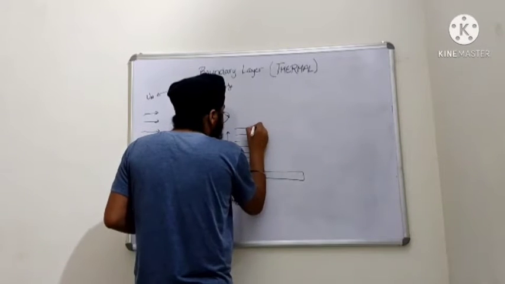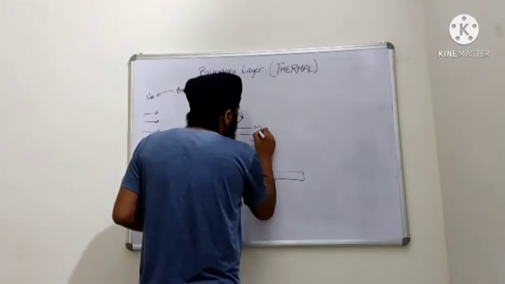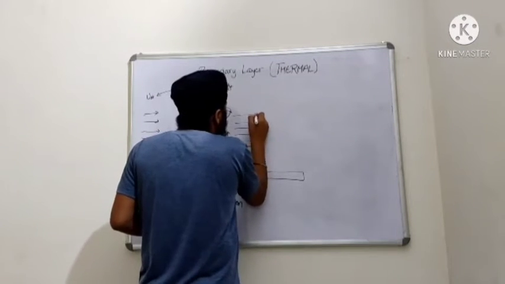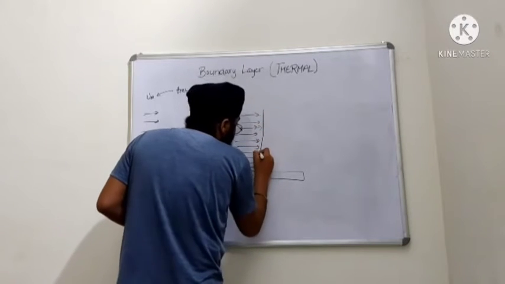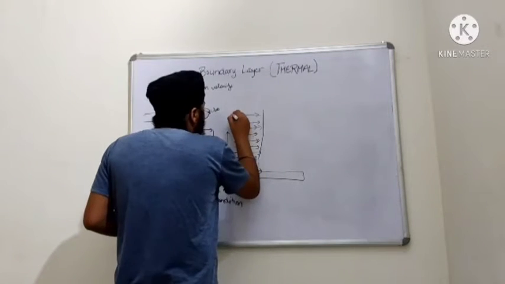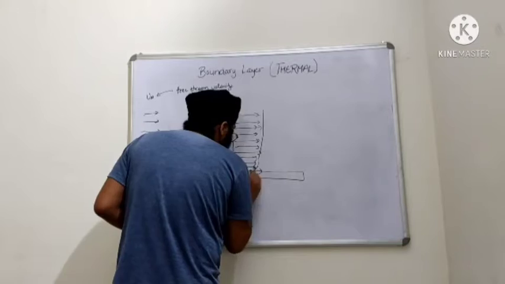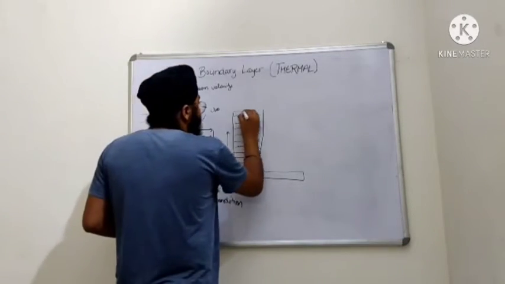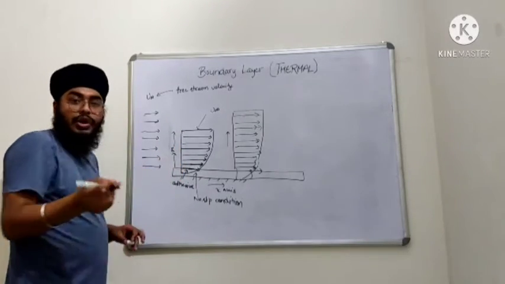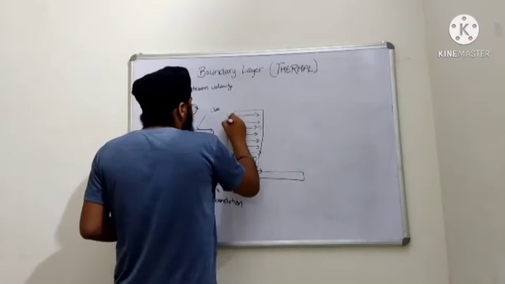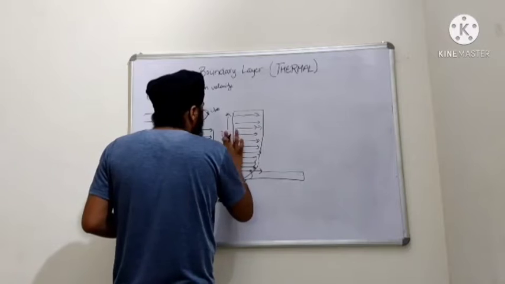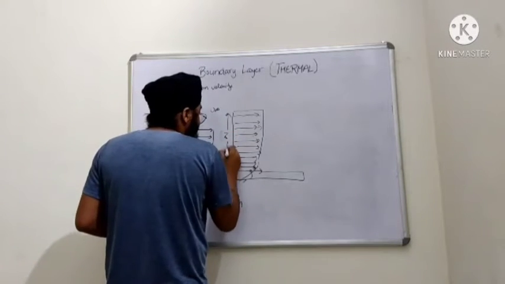Because of this, the velocity profile will become something like this. Now this is delta, known as the boundary layer thickness. As we move further in the x direction, the delta will increase.